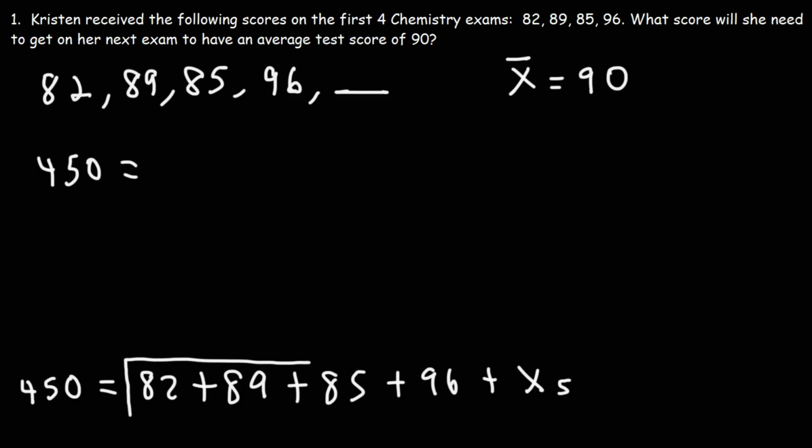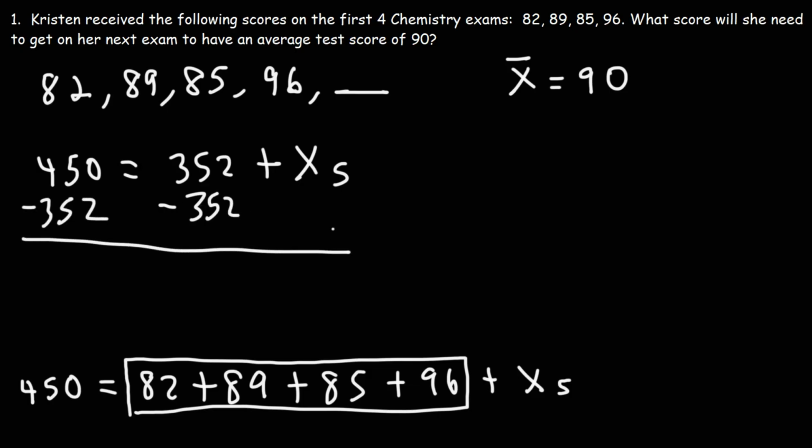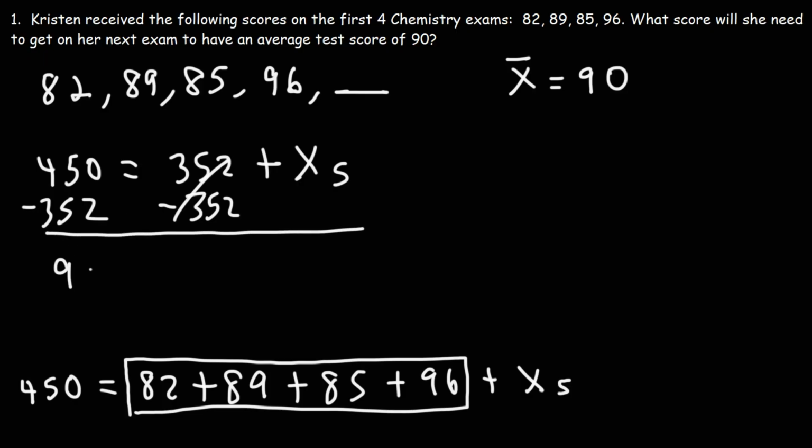Now, let's use a calculator to add these 4 numbers. 82 plus 89 plus 85 plus 96, that's 352. So 450 minus 352, if we subtract 352 from both sides, we'll get 98.